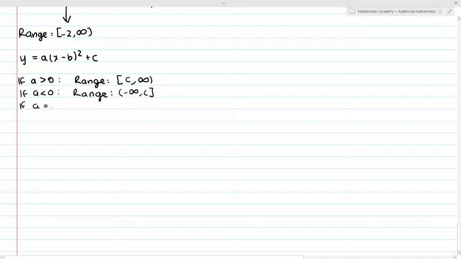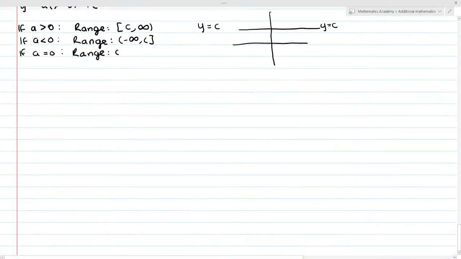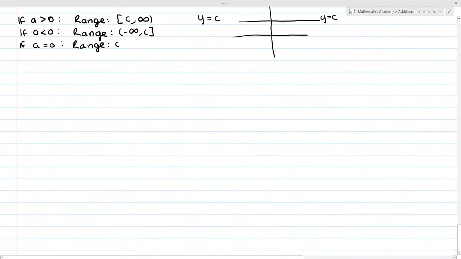And of course, if a is equal to 0, then we lose this entire term, and so the range is only c, right? Because we'll only get the curve y equals c, which is just a horizontal line at y equals c. Okay, so that's it in terms of finding the range.